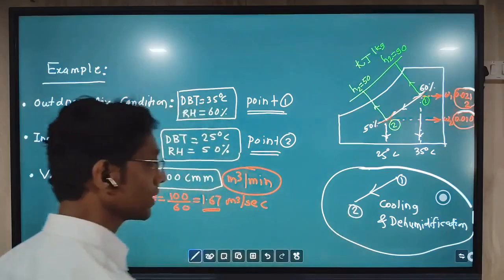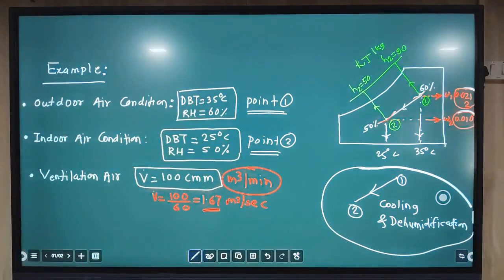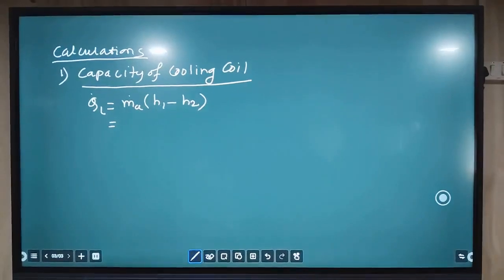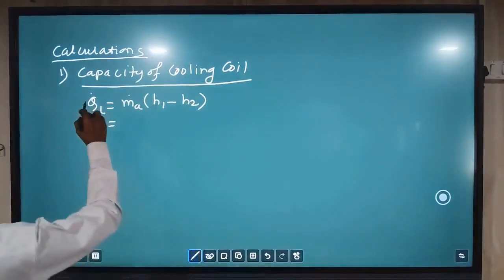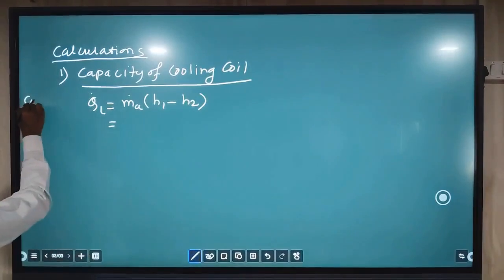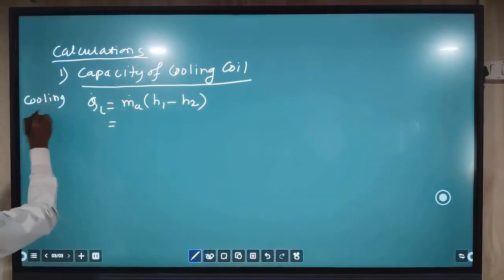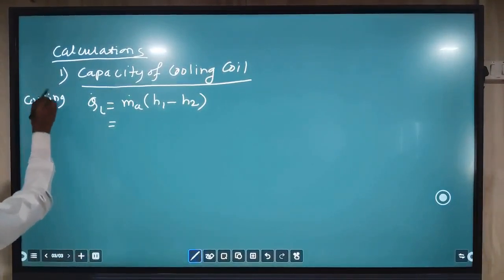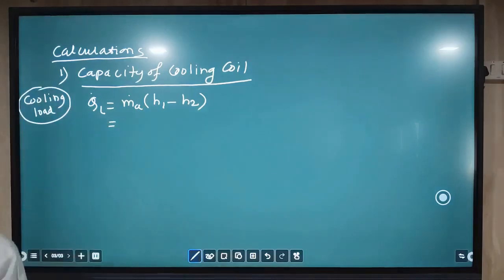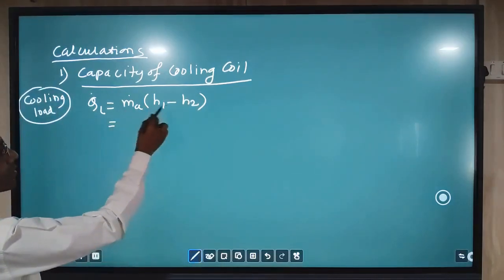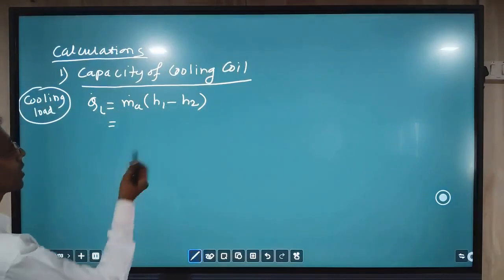So first of all, we will see the cooling load, the capacity of the cooling coil. The first calculation will be Q dot L, meaning cooling load. Cooling load Q dot L is equal to mass flow rate into the enthalpy difference between inlet and outlet.